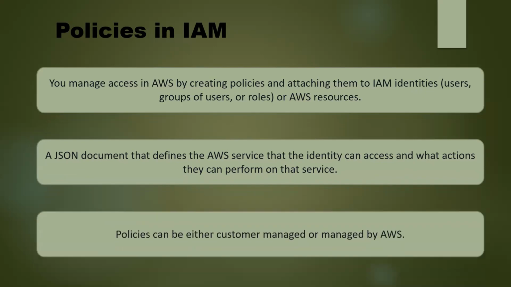There are policies that are managed by AWS, such as read-only access to an S3 bucket or even full access to EC2. But if AWS managed policies don't fulfill your requirement, then you can create more granular policies yourself, which are called custom policies.